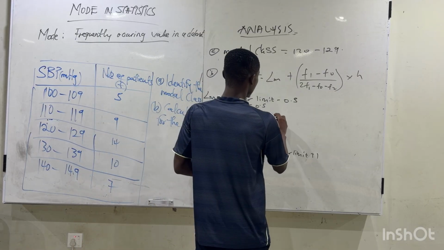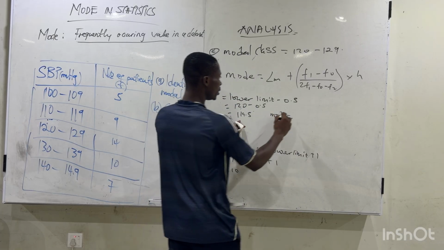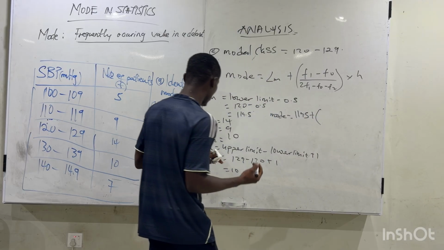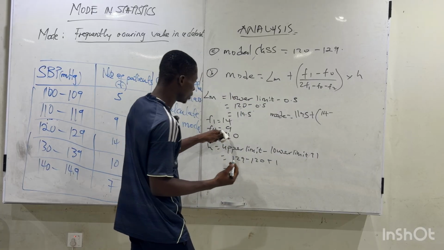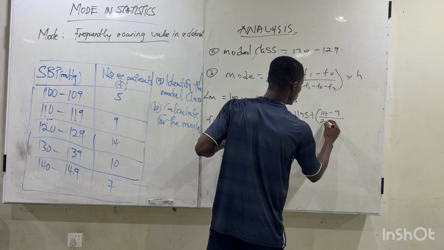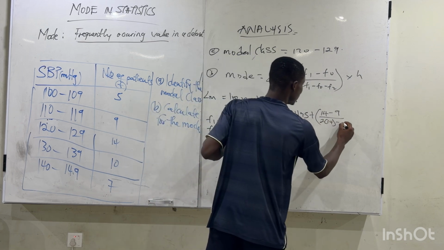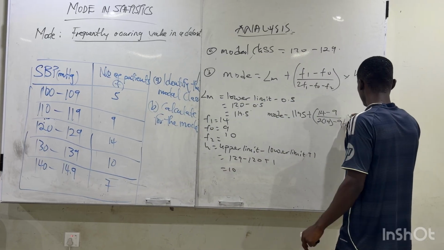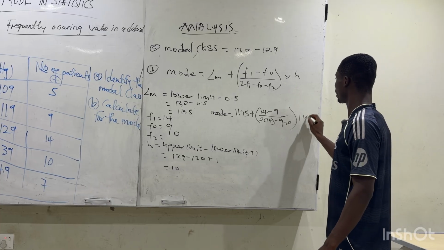So you have the mode to be equal to our LM, 119.5, plus, then our F1 to be 14, then our F0 to be 9. So we're going to have 2 times 14 minus the F0, which is 9, minus the frequency after the modal class, 10. Then we multiply by the class width, which is also 10.